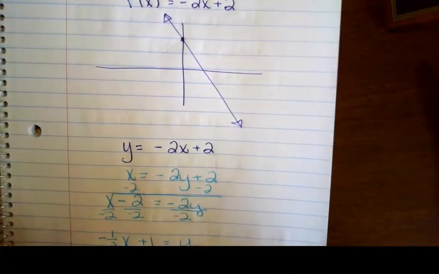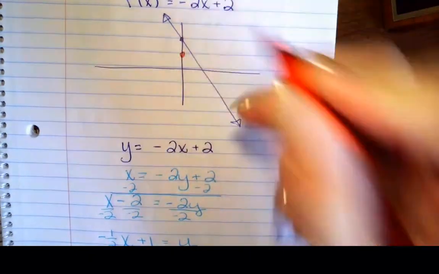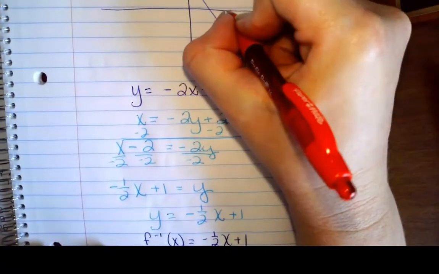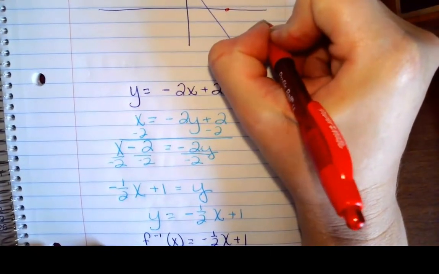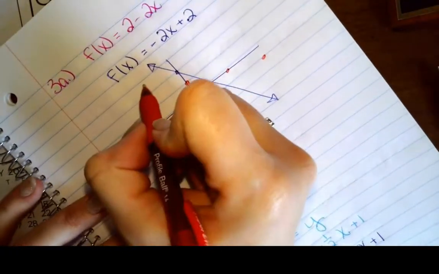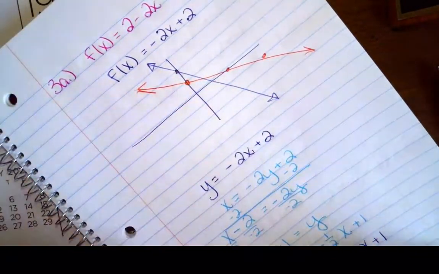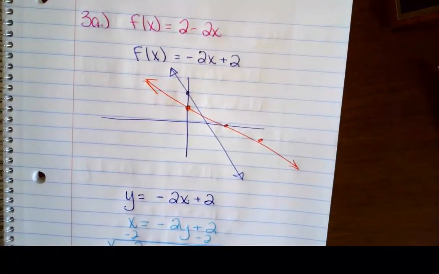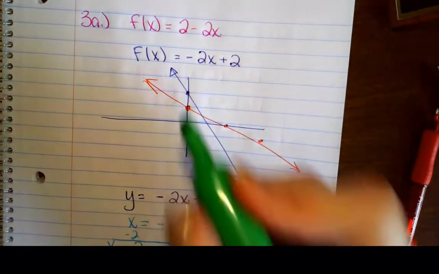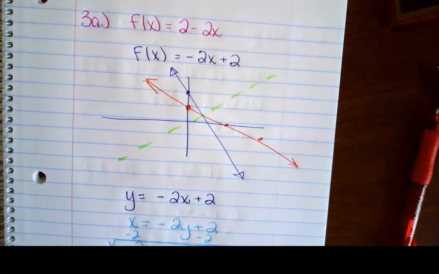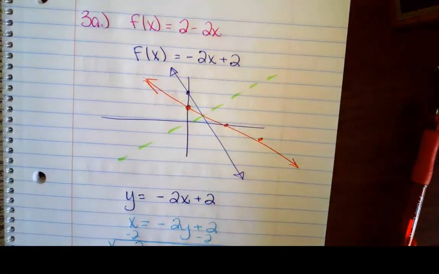I have a y-intercept at 1. So here's 1, and then my slope is down 1, right 2. So I'm going to go down 1, right 2, down 1, right 2. So then I have this graph like this, which is not perfect, but that is the graph of the inverse. And what's your bonus? It is symmetric across the line y equals x. And that is it.